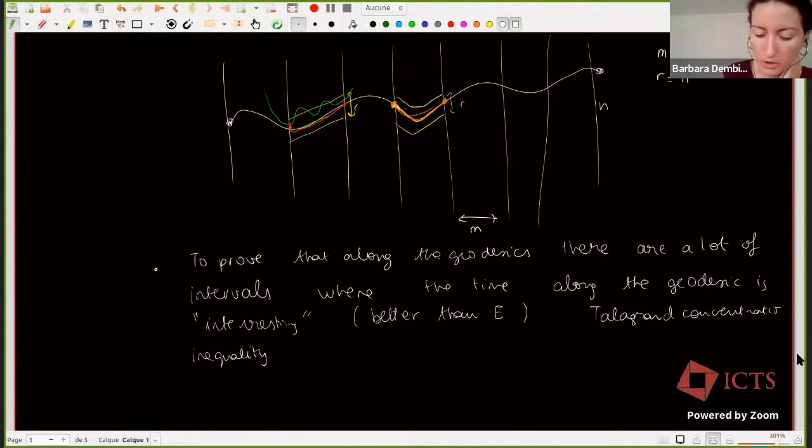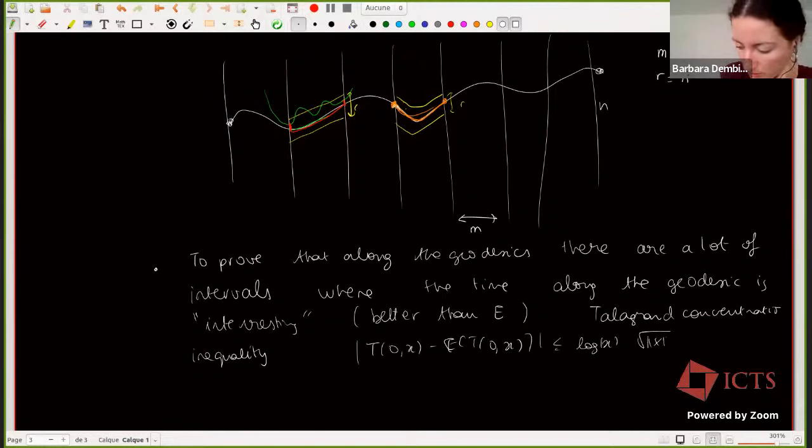Talagrand's concentration inequality says roughly that the time between 0 and x minus the expectation of the time between 0 and x is smaller than, let's say, log x times the square root of the size of x, with high probability when x is large.